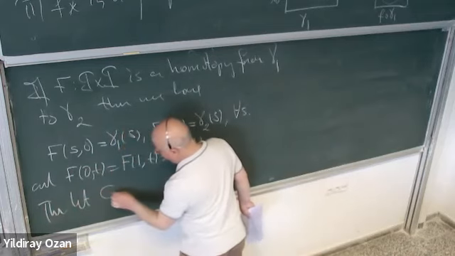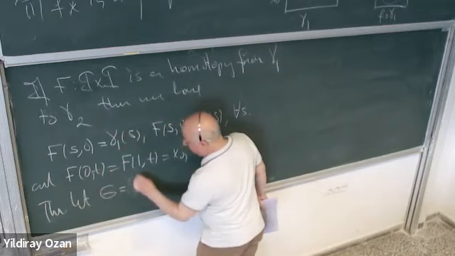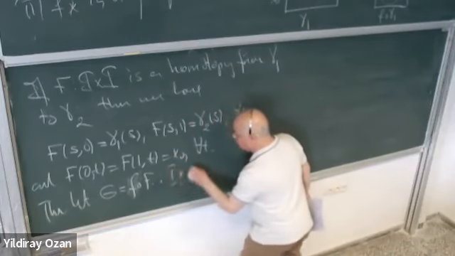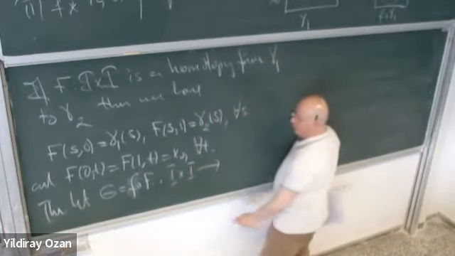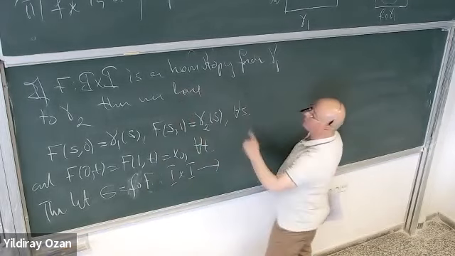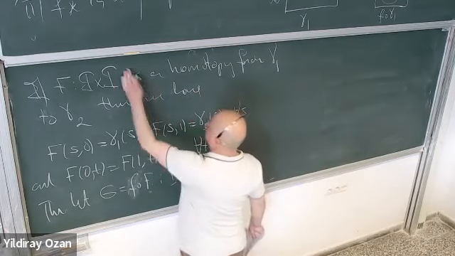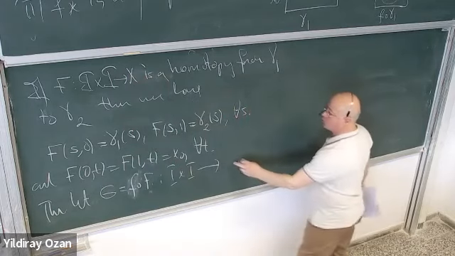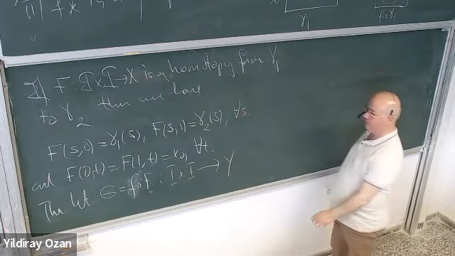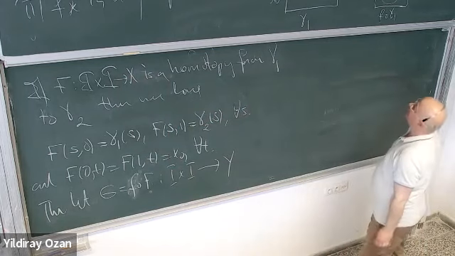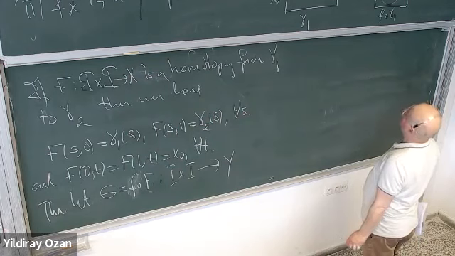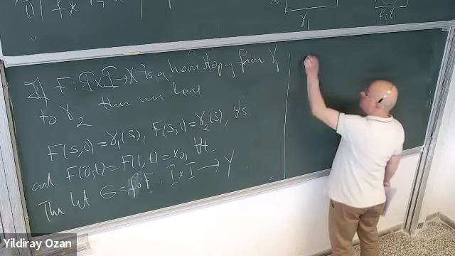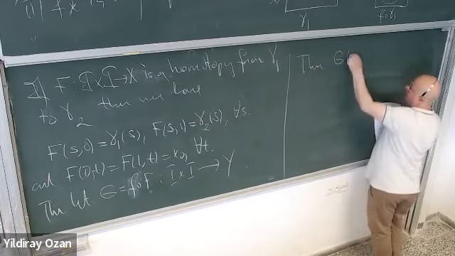But then let G be little f composition big F, which is a map from I cross I into what? F goes from I cross I to X, garip bir şey yazmışız buraya. To X. So this goes to Y. Evet. Y. Then what is G of s,0?